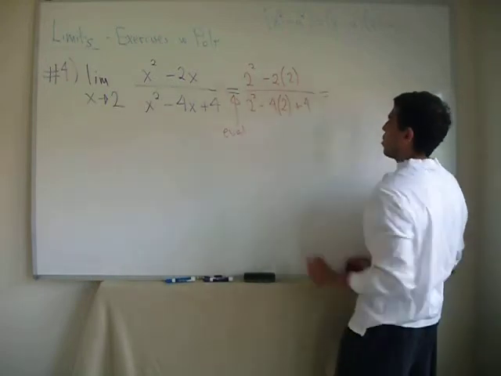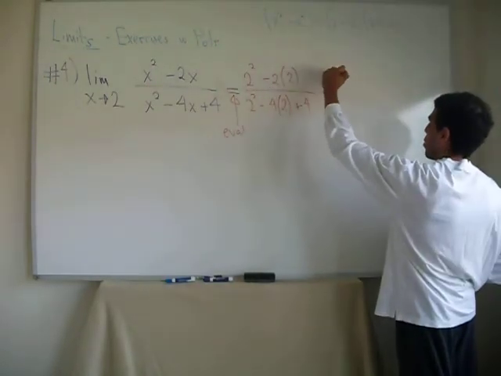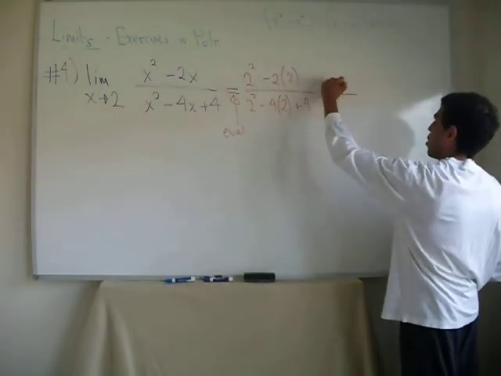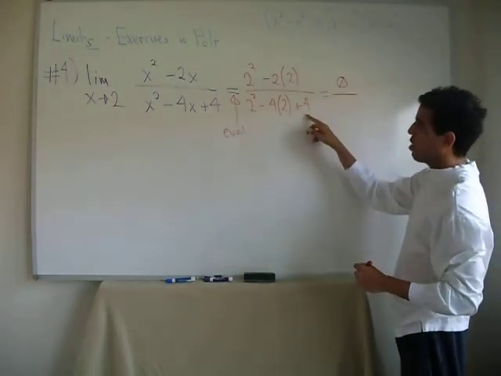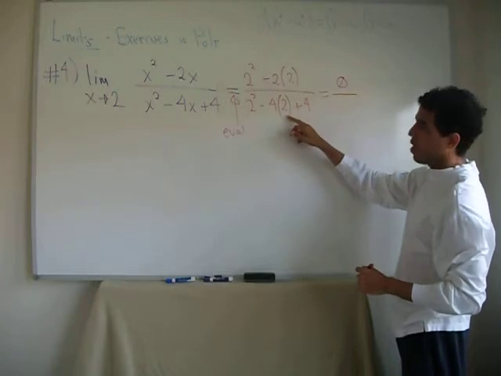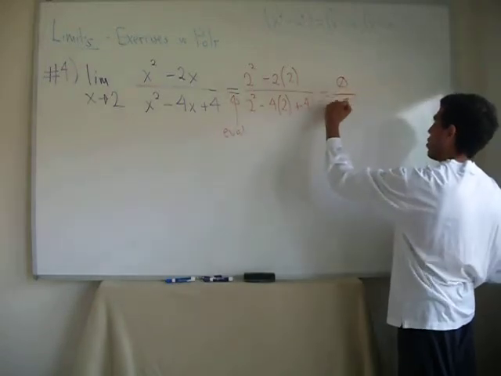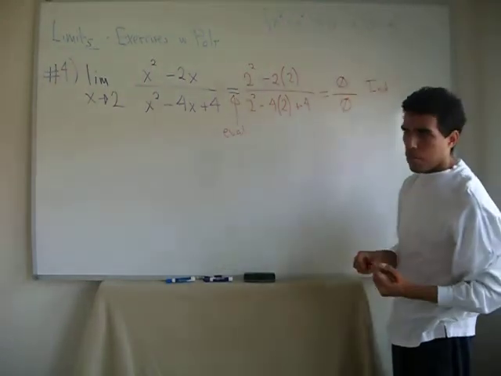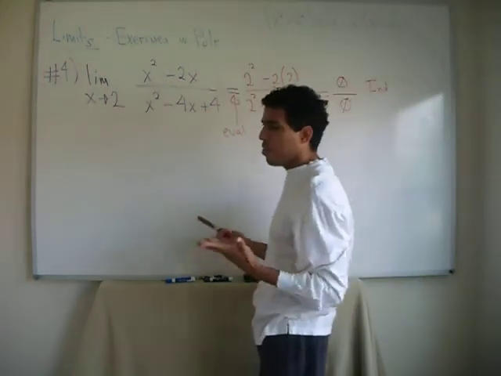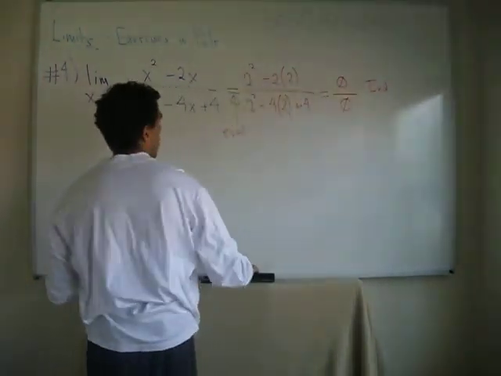This equals, well, 2 squared is 4 and 2 times 2 is 4, and 4 minus 4 is 0. At the bottom, 2 squared is 4 plus 4 is 8, and 4 times 2 is minus 8, so 8 minus 8 is 0. This is an indetermination. It means that I have to rearrange the function, work on the function. Now I have to solve the limit, so let's do that.